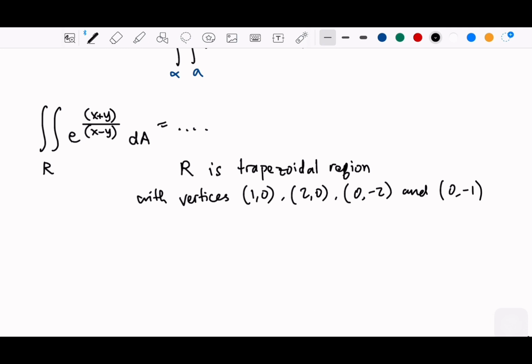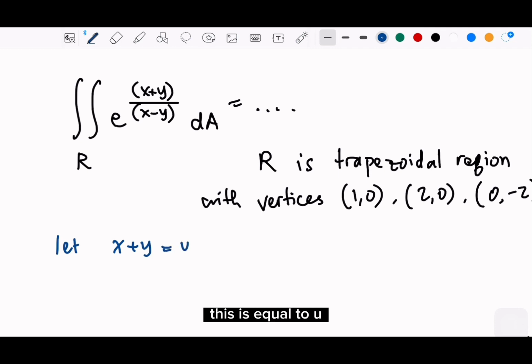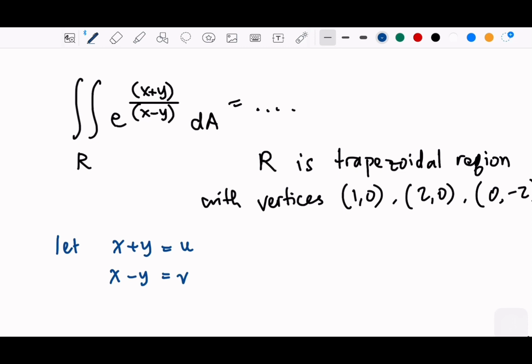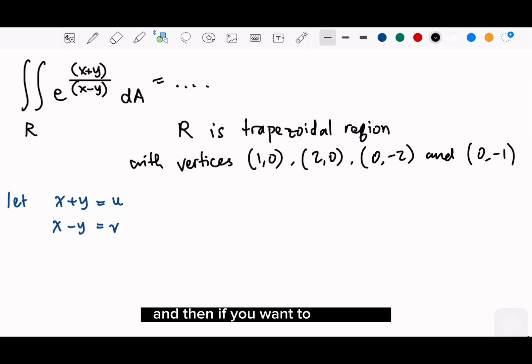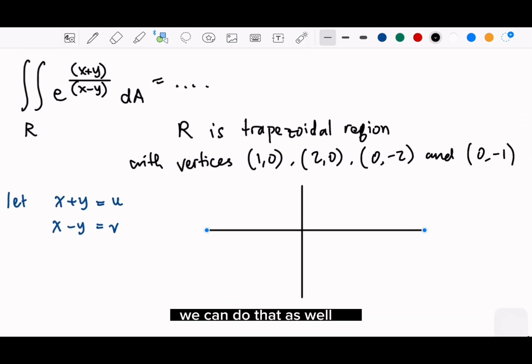For example, let x plus y be equal to u, and x minus y be equal to v. Yeah, we define, we assume. And then if you want to draw the trapezoidal region first, we can do that as well.